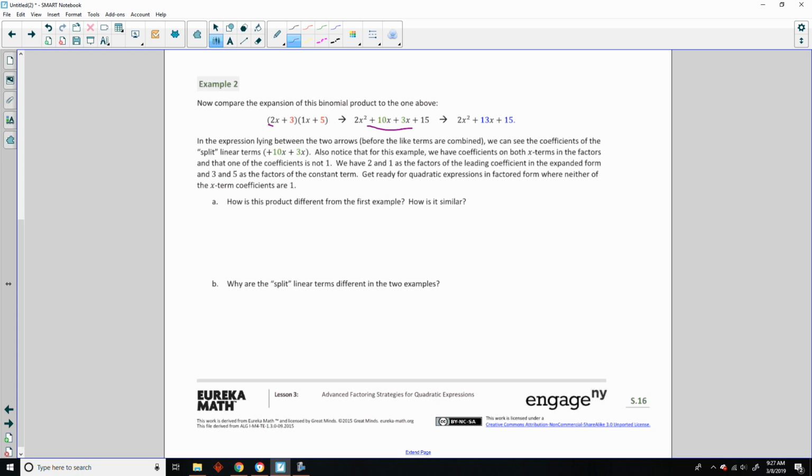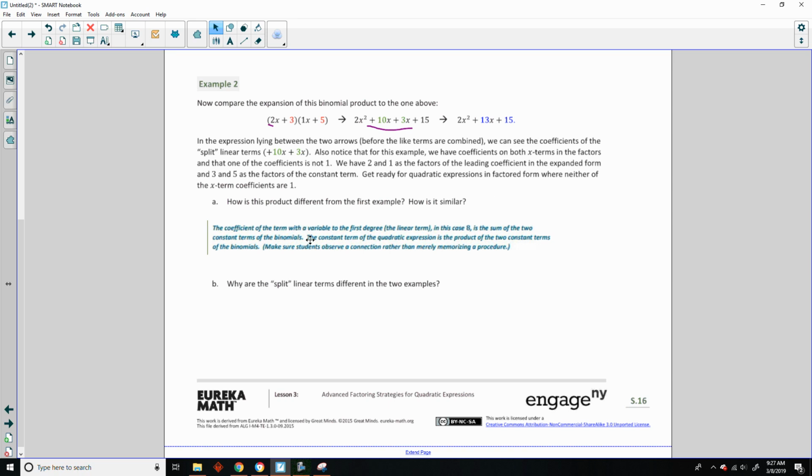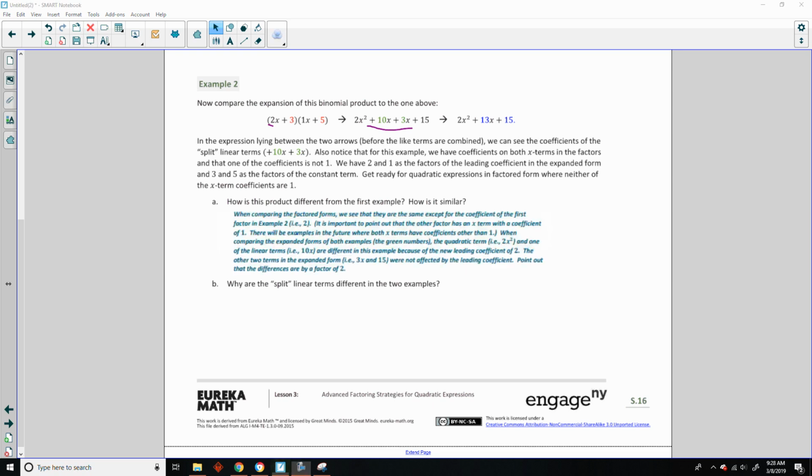Okay, so the coefficient of the term with a variable up to the first degree, the linear term in this case, is 8. Wrong one, just a moment. Okay, this one's better. When comparing the factored forms, we see that they are the same except for the coefficient of the first factor in example 2.